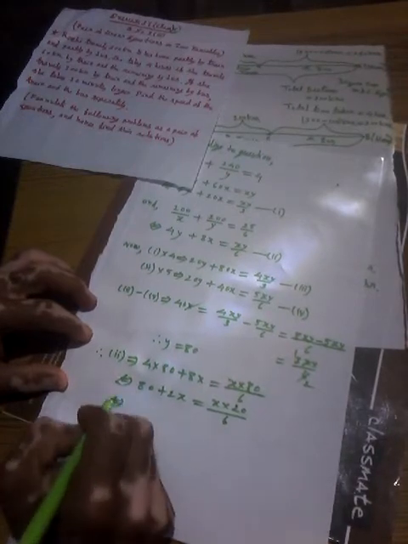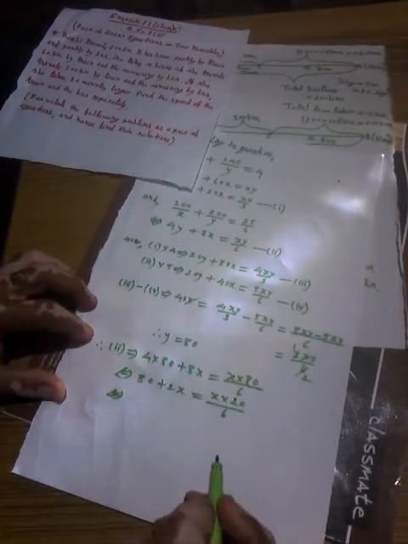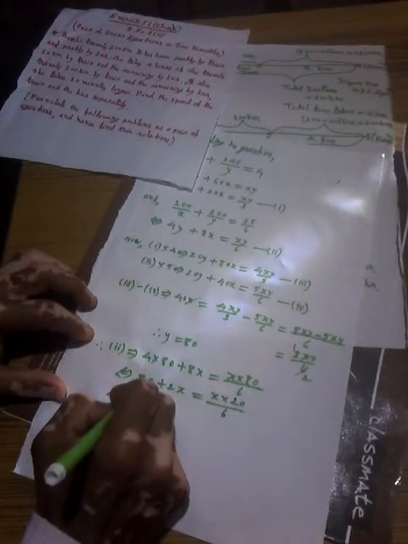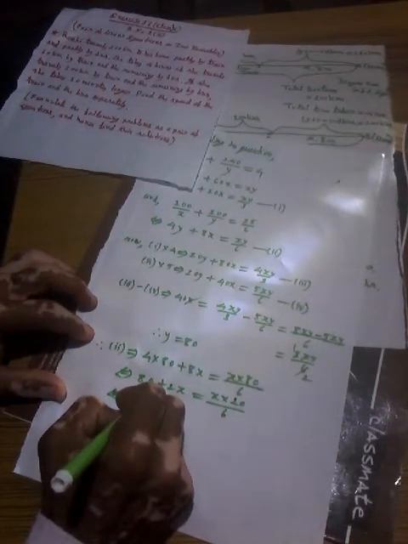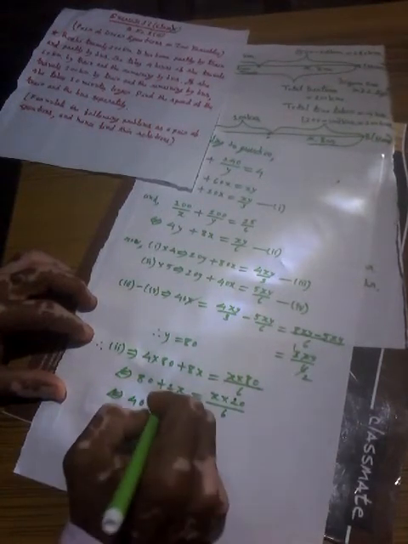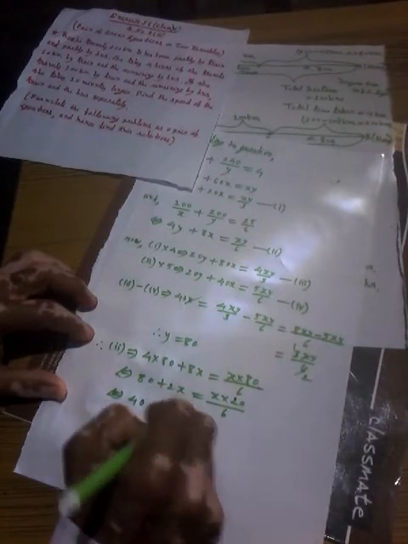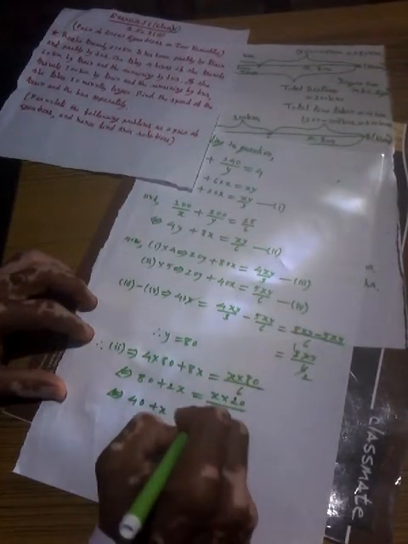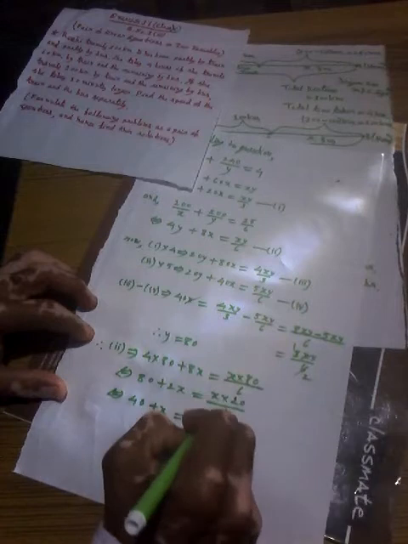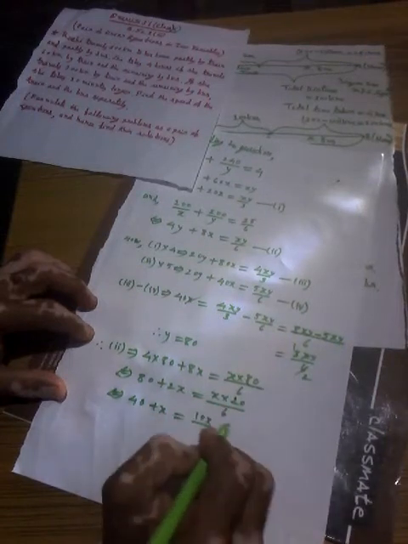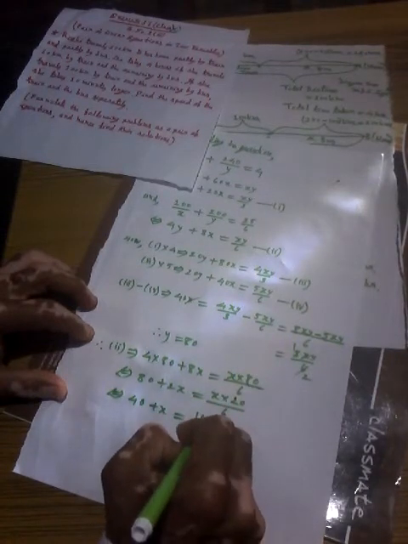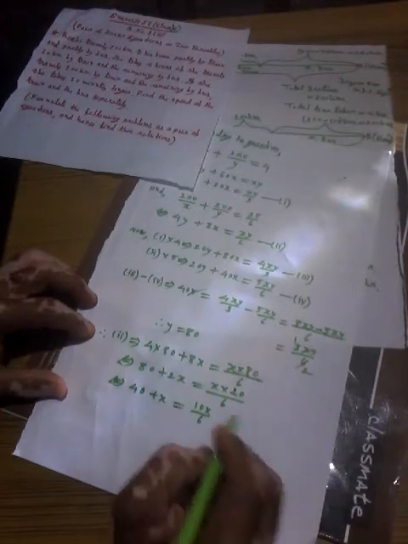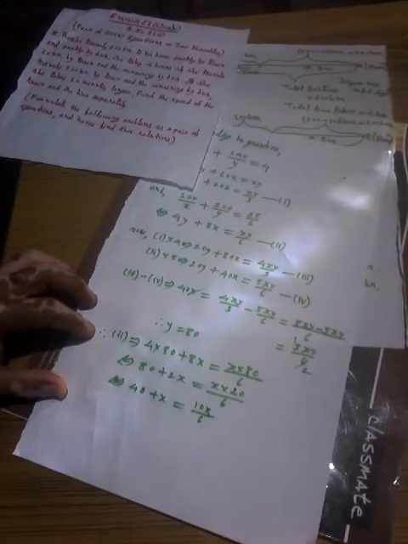That again implies 40 plus x is equal to 10x by 6.